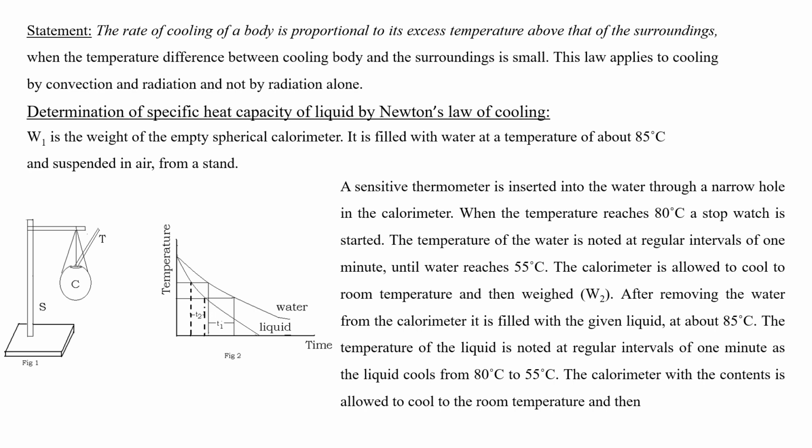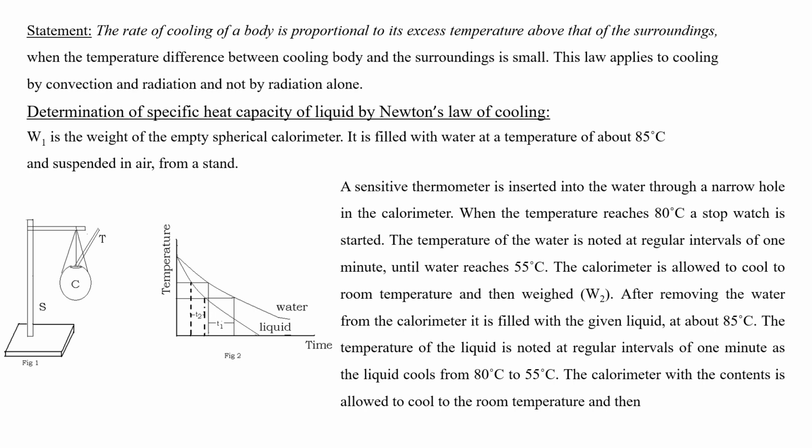First, take the weight W1 of the empty spherical calorimeter. It is a ball-like calorimeter with a small hole for inserting a very sensitive thermometer, so we can measure the temperature of the liquid at a particular instant of time.